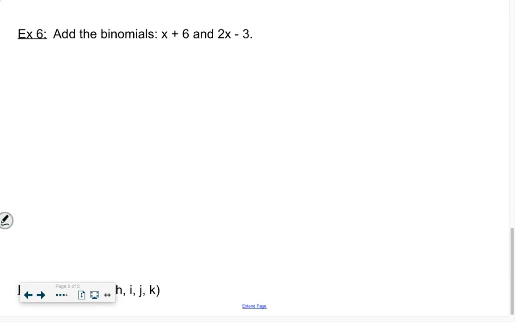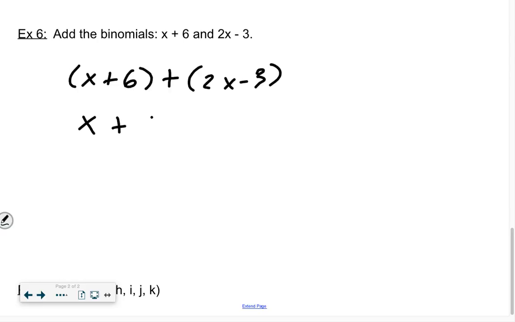And the last thing we can do here is we can add binomials. We can add these two expressions together. So it says to add the binomials x plus 6 and 2x minus 3. So here's my first expression, and we're going to add it with the next one. And if we look inside the parentheses, notice we can't add or collect any of these together. You know, the x is separate from the 6 and the 2x is separate from the minus 3. So essentially our parentheses go away.